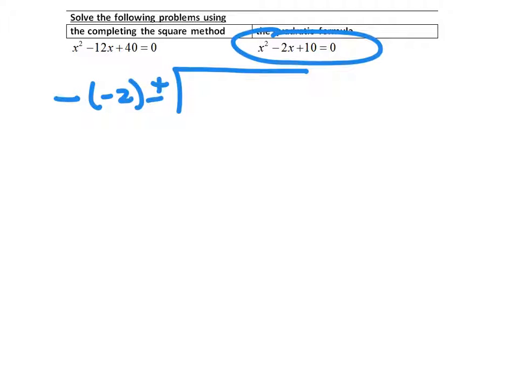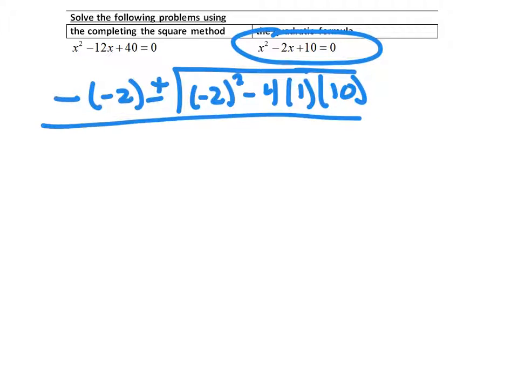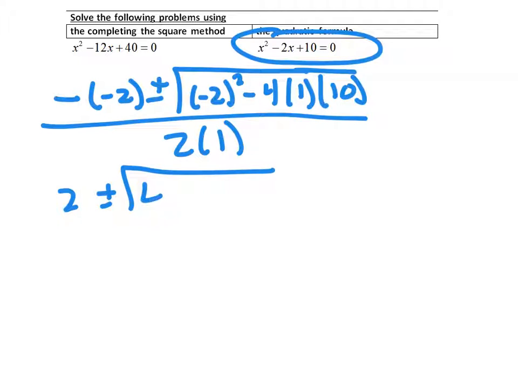This one, they want us to use the quadratic formula. So the negative of -2, plus or minus the square root of -2 all squared, minus 4 times a times c, all over 2 times a. So I get 2 plus or minus the square root of 4 minus 40.